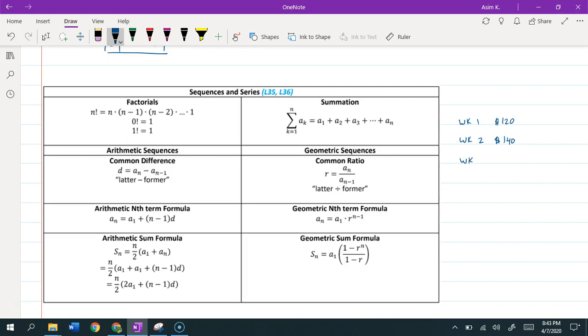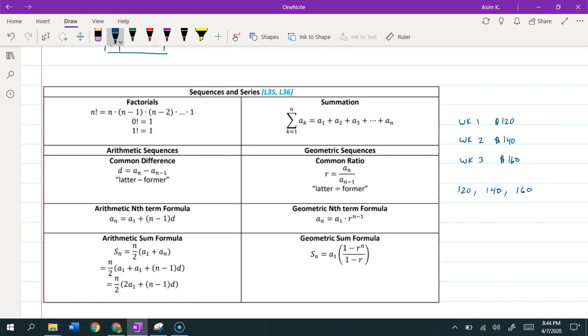And in the third week, we notice that he makes $160. So anybody looking at this will be like, yeah, this is an arithmetic sequence. He keeps getting $20 more every single month based on this pattern.